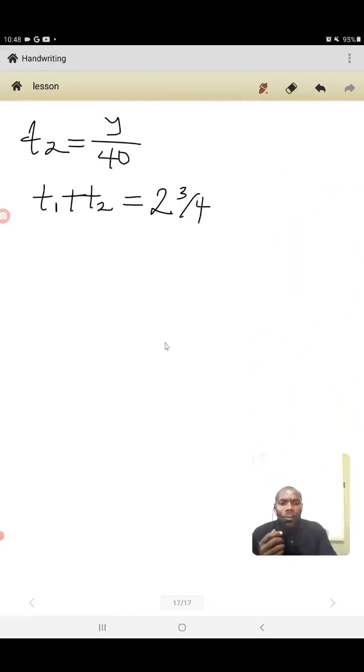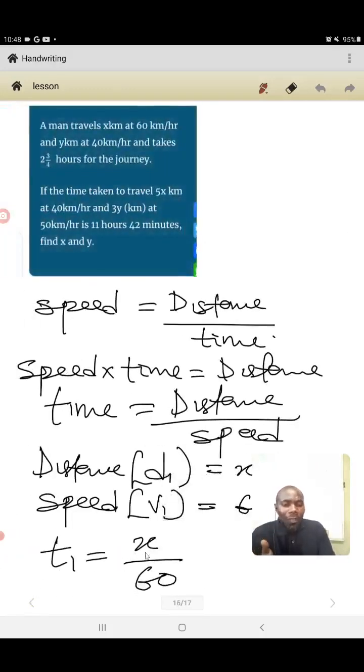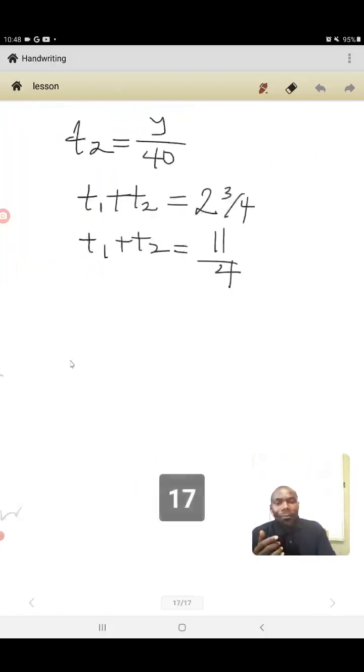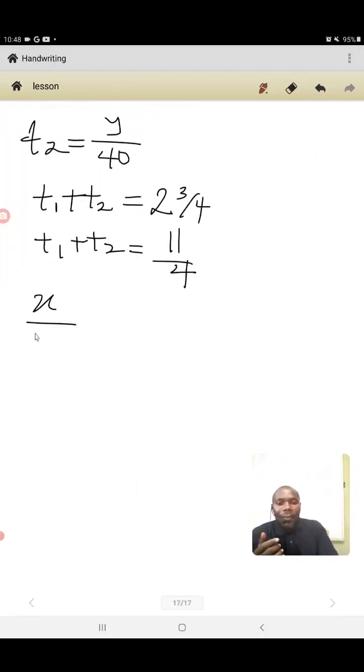So T1 plus T2 is equal to 4 times 2, 8, plus 3, which is 11 over 4. And our T1 from the question is x over 60. We have x over 60 plus y over 40 is equal to 11 over 4.